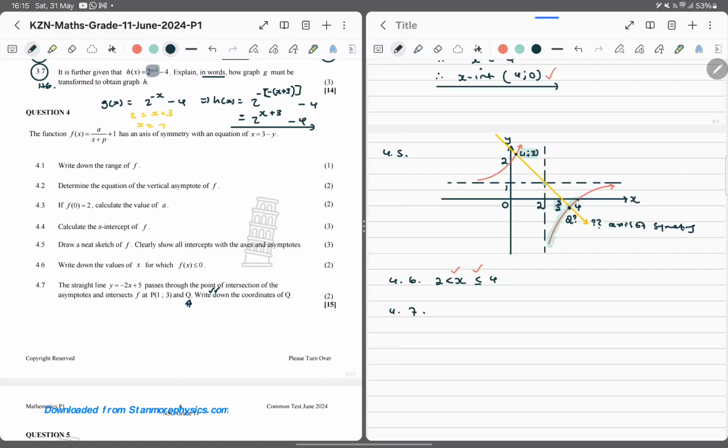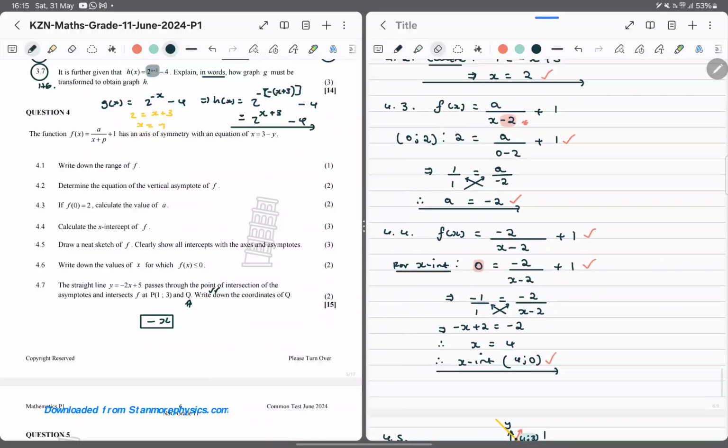It is not the axis of symmetry, because the problem with the axis of symmetry here is that... no, it's not. I'm lying. Remember, the axis of symmetry must have the gradient of minus 1 instead. Right.